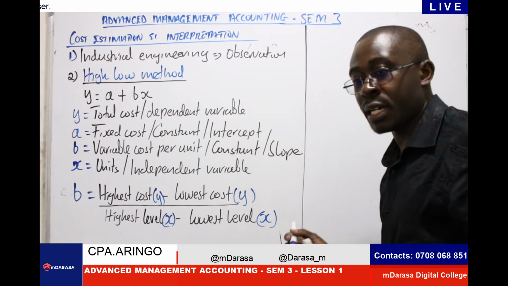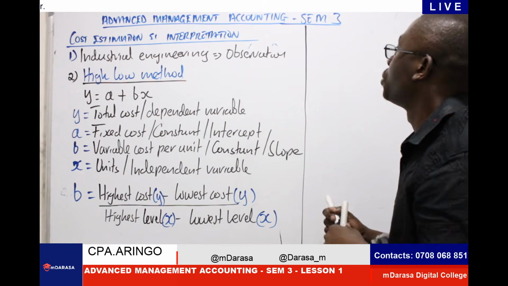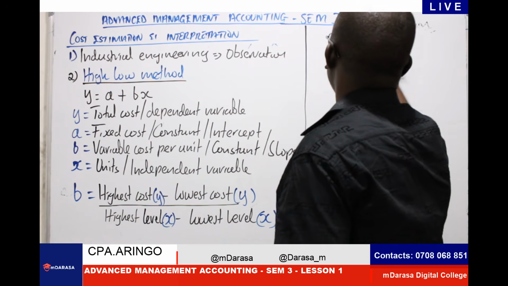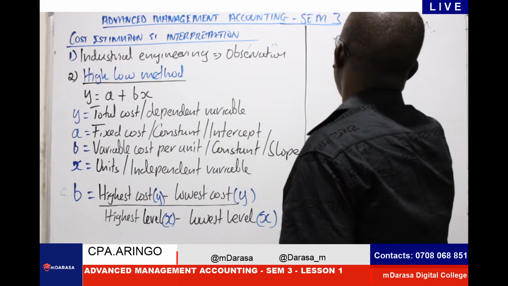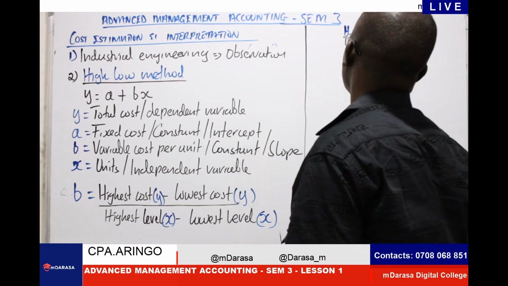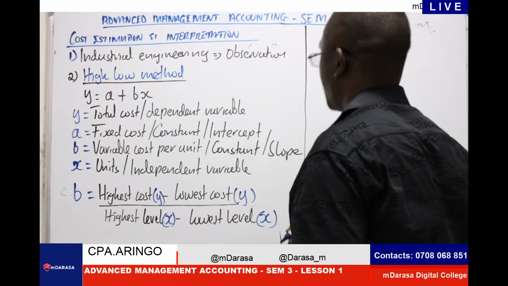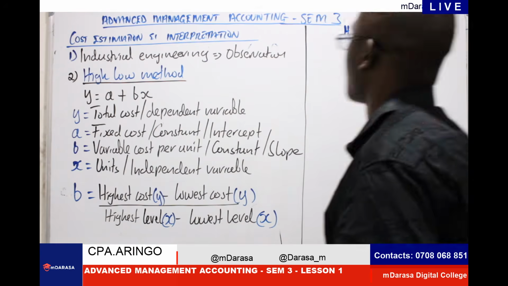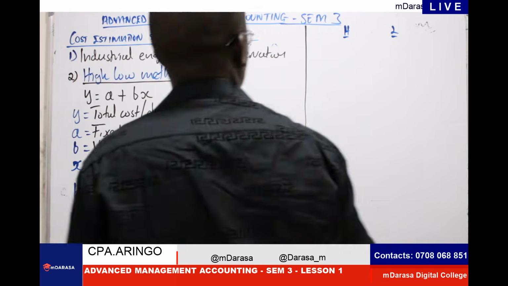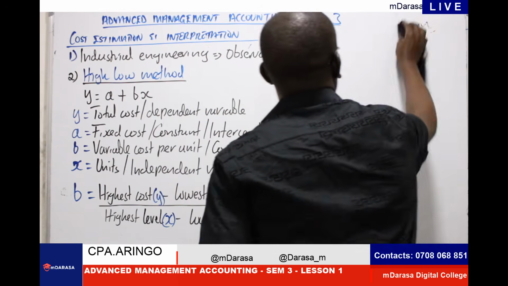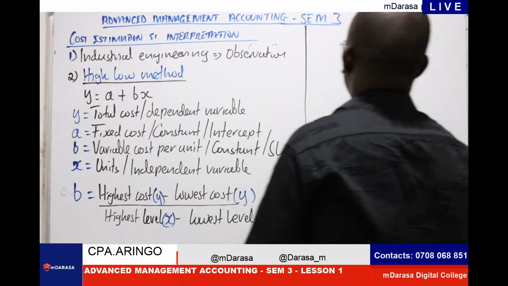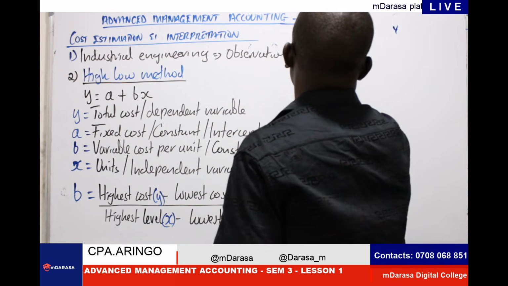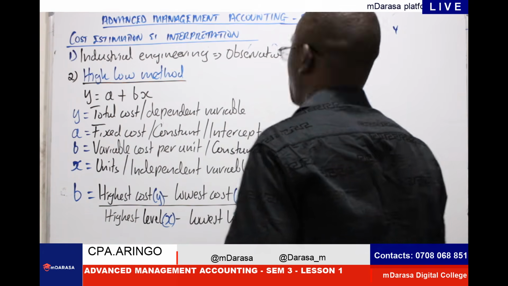To make our task very easy, this is what you're going to do. We want to determine the highest and lowest level of activity. In very simple terms, we have the values of X and the values of Y, so you need the highest and the lowest level.